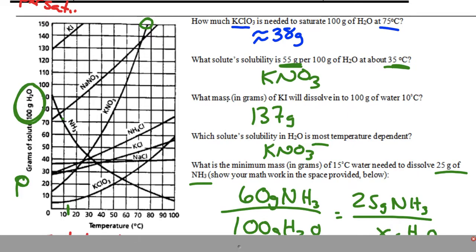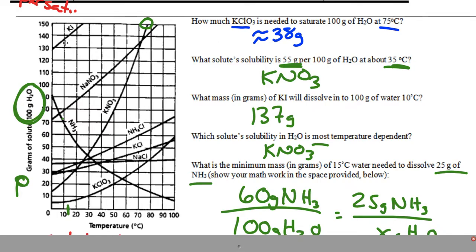All right, next one. What mass in grams of KI will dissolve in 100 grams of water at 10 degrees? So I go to 10 degrees, and I'm going to go up until I run into KI. And KI is way up here. So it's asking how much KI can dissolve, the maximum amount, at 10 degrees. So I hit that line, it's right about here.